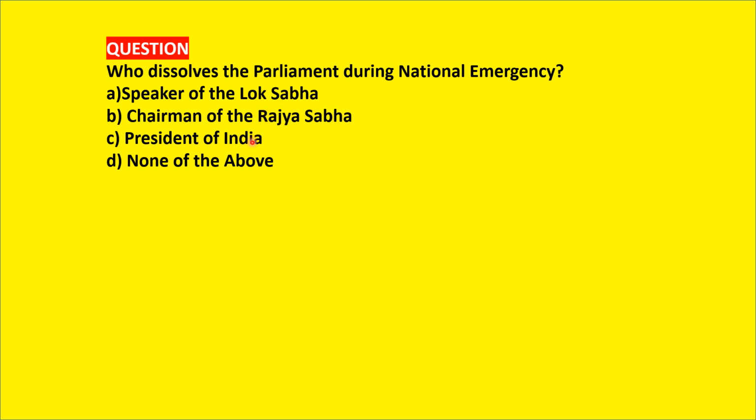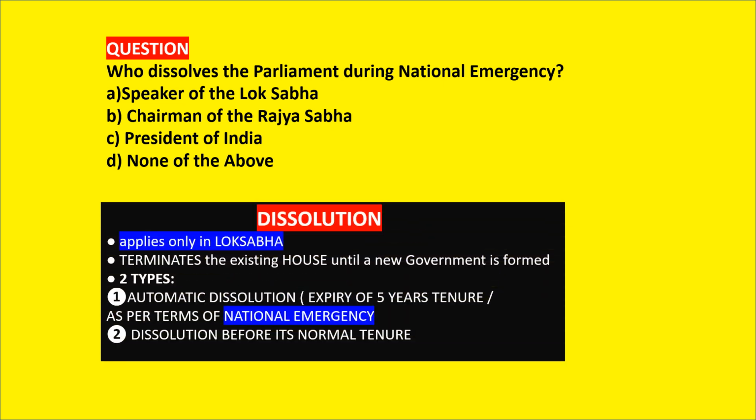So the answer is not the President, the answer is none of the above. Because I have already explained that during national emergency, the Lok Sabha can be dissolved, not the Parliament. So please understand this well.